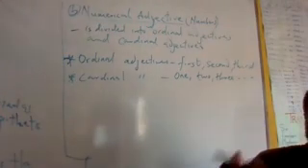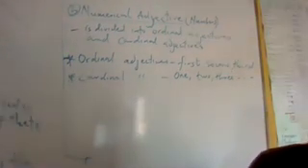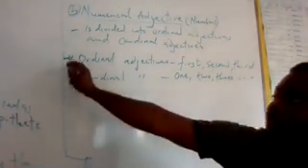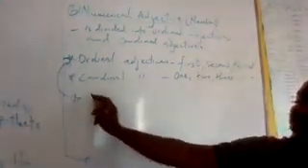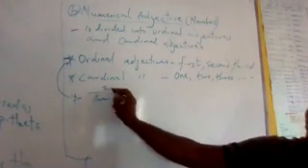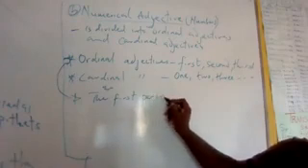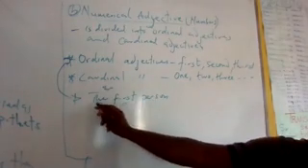For example, if I say the first person, this is ordinal. Now, this first is being preceded by what? By the. The is the article there. You cannot just say first person. So it's preceded by an article.